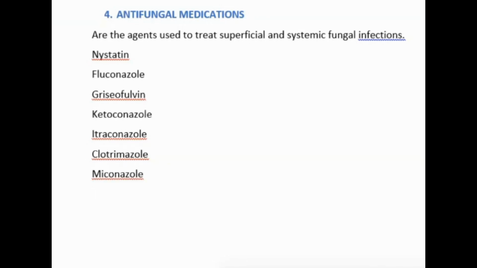Okay, we also have benzoic acid. Benzoic acid, which is a compound of Whitfield's ointment, benzoic acid and zinc oxide, is also used to treat a superficial fungal infection, that is, locally.